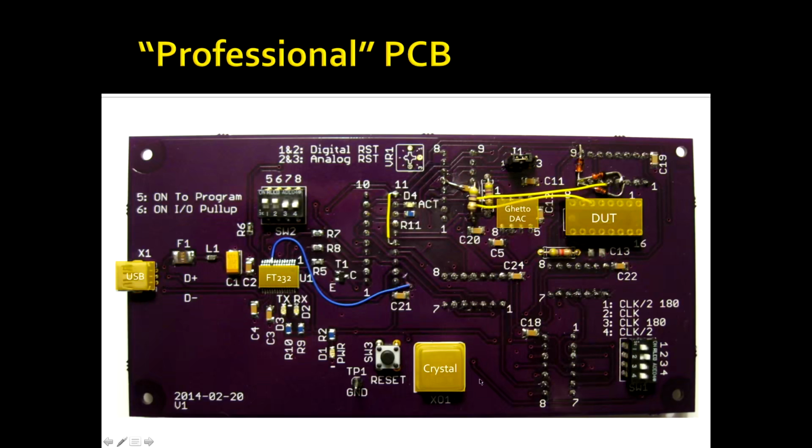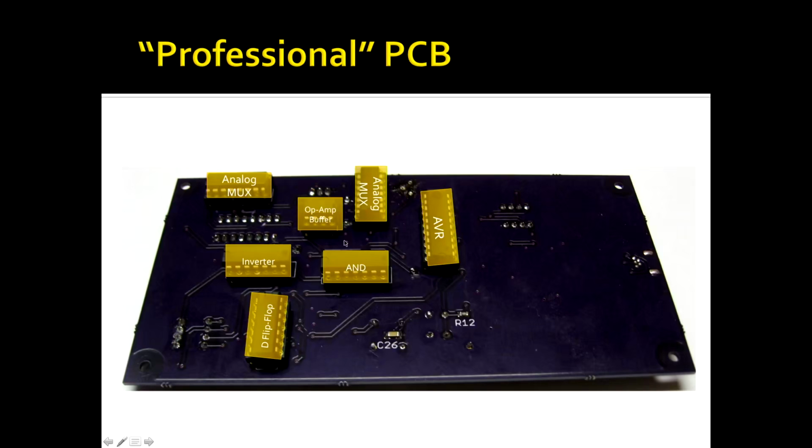It's not great for clock glitching because there's a fixed crystal on there, so you only have a certain range of divisions you can do with that. It also, like the other board, uses the ghetto DAC, and this buffer simply strengthens the output drive current so that you can actually power the device up through this buffer, rather than having a weak 5, 10, 20 milliamp signal coming right off one of these 74 series logic chips.